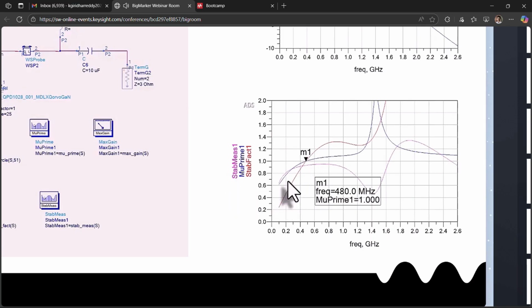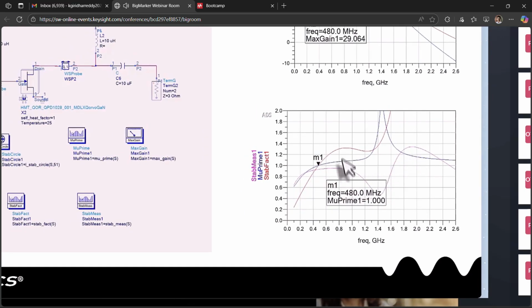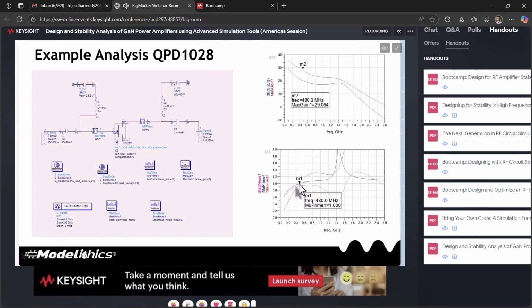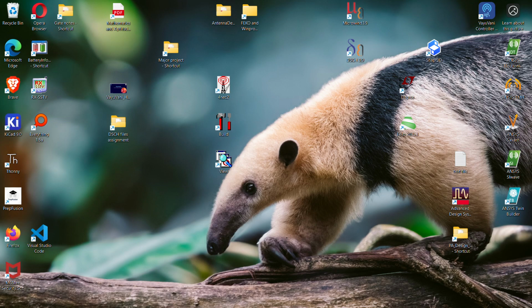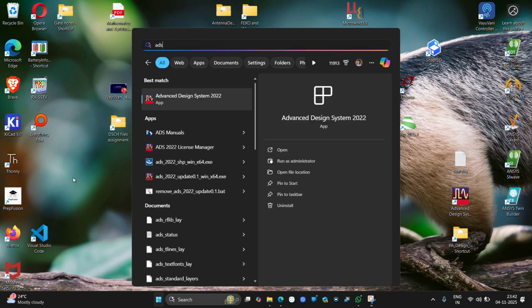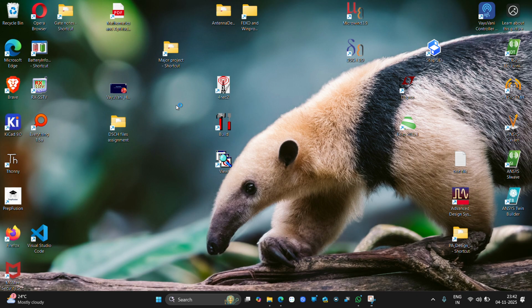That's the B parameter we looked at before. That stays positive, so in terms of the classical unconditional stability criteria, this device is potentially unstable below 480 and unconditionally stable above 480 megahertz. We also plotted the mu prime, and that's also consistent: it also reaches 1 and stays above 1 above that frequency.